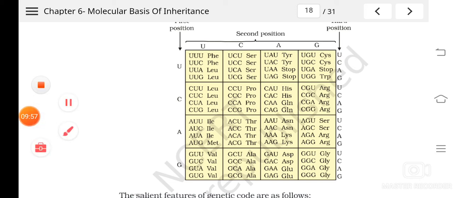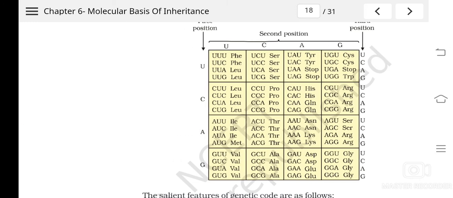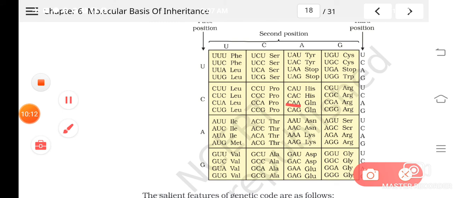So in mRNA, if the genetic code is UUG, then leucine will be there. If it is CAC, then histidine will be produced. UGC is cysteine. And UGA is a stop codon.